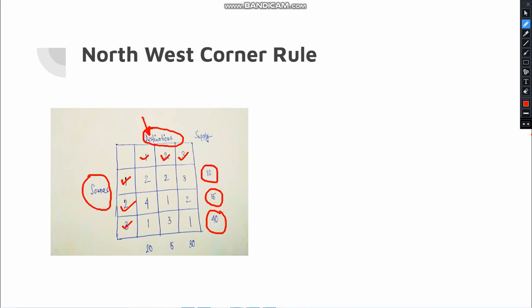The total supply available in these three source points is 10 plus 15 plus 40, which becomes 65. Now see what the demands are: 20 plus 15 plus 30, it also becomes 65.